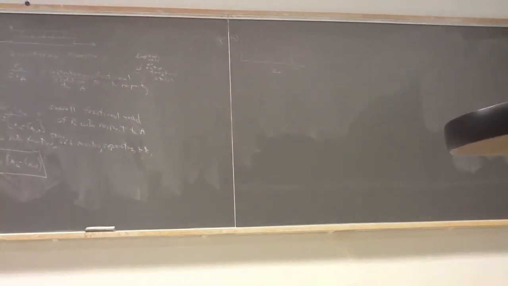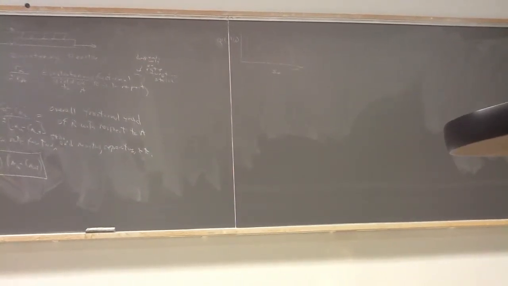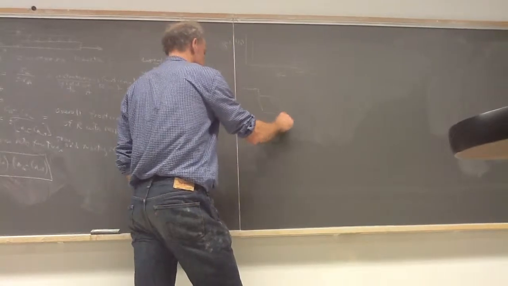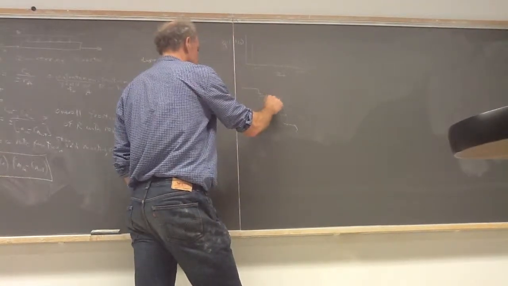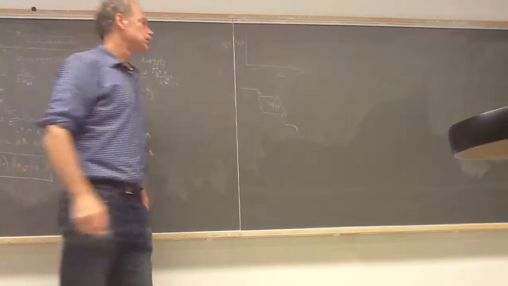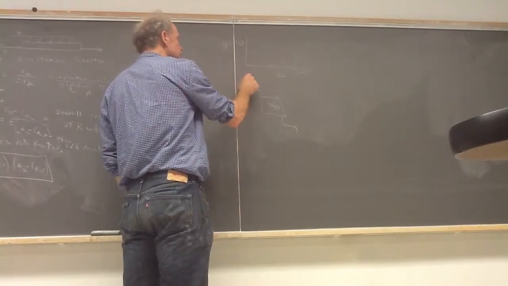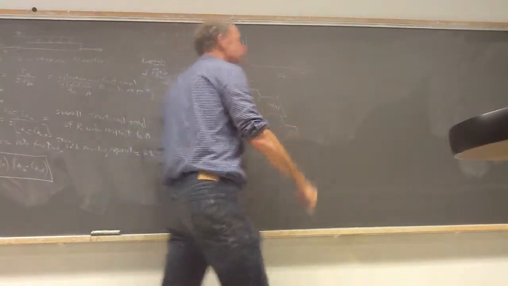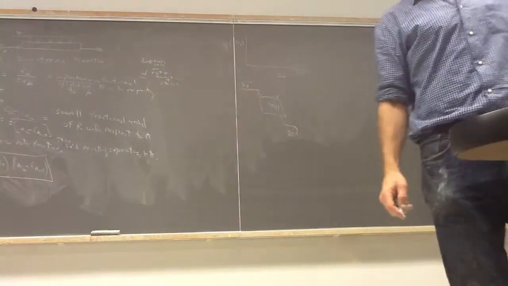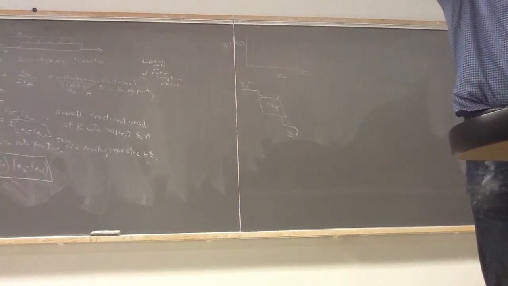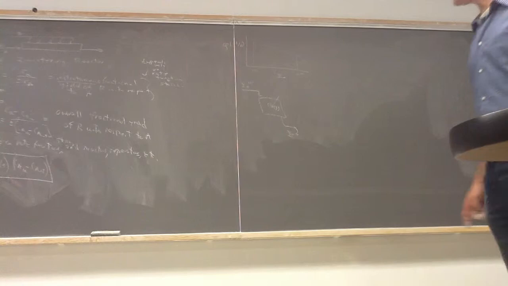Now, let's say I have a CSTR. So I have XA in, XA out, and what is XA in the reactor if this is a CSTR? What is XA here?